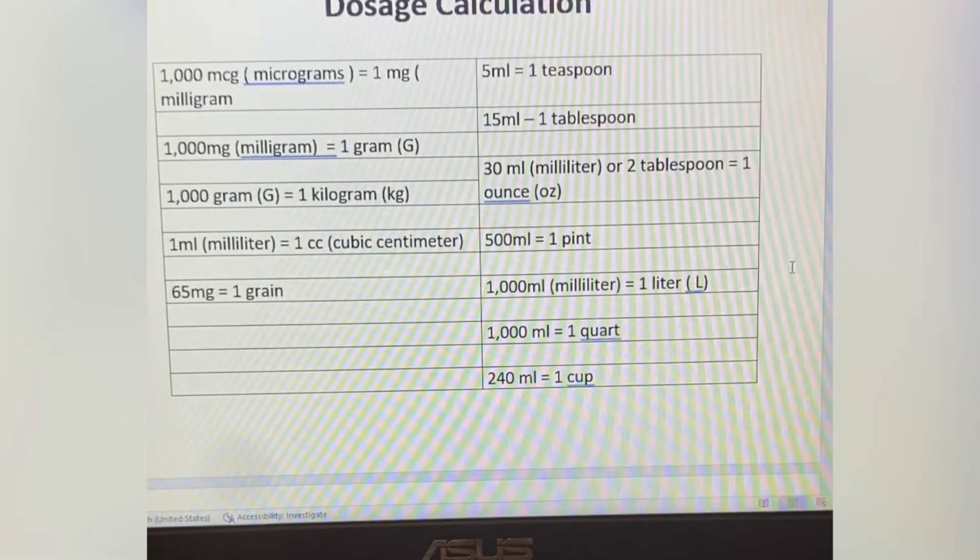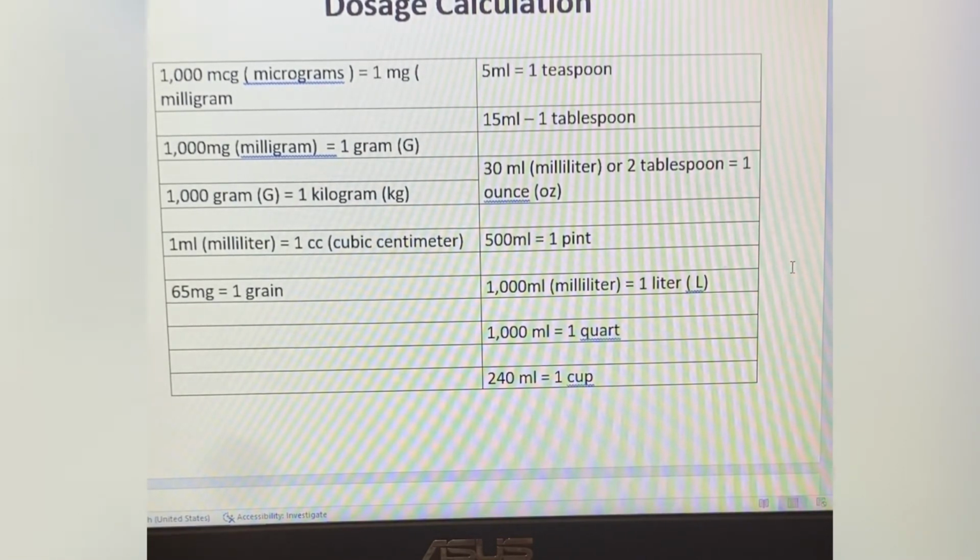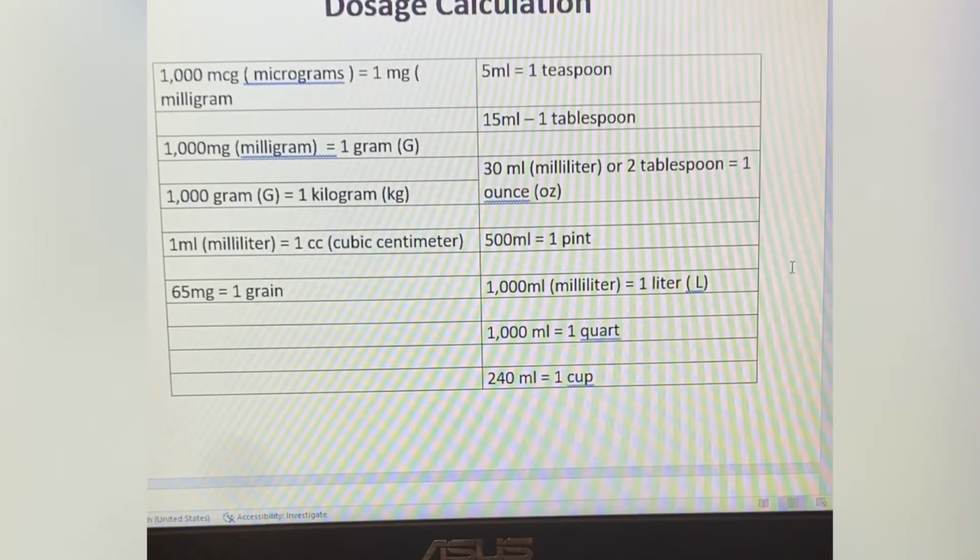15 ml is equal to 1 tablespoon. 30 ml or 2 tablespoons is equal to 1 ounce. 500 ml is equal to 1 pint. 1,000 ml is equal to 1 liter or 1 quart. Then 240 ml is equal to 1 cup.